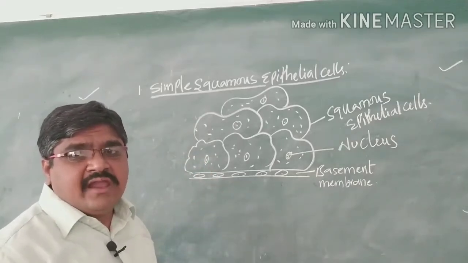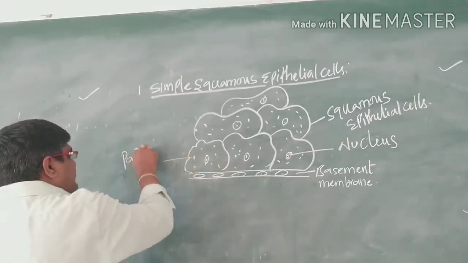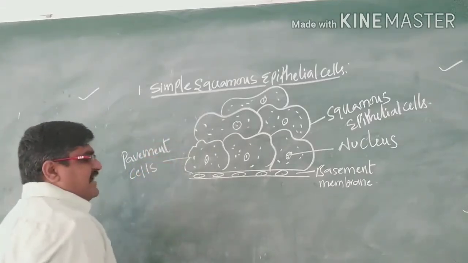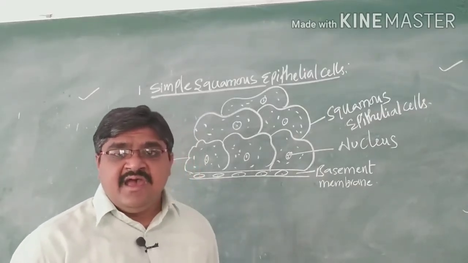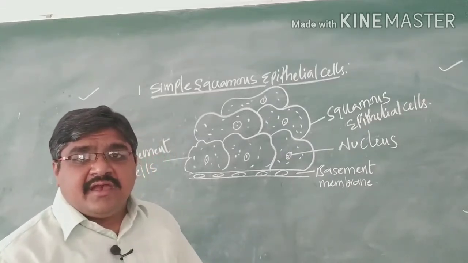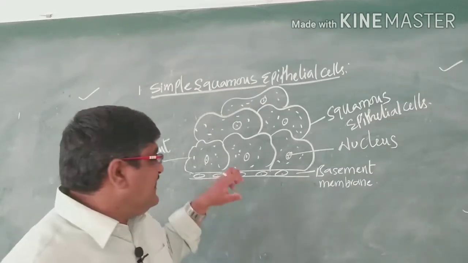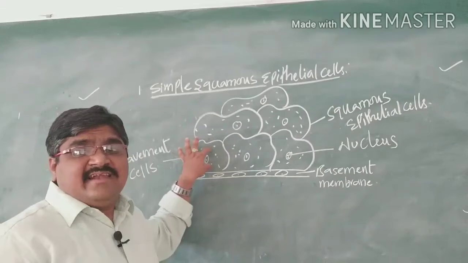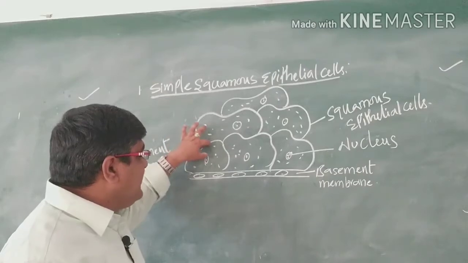These cells are arranged like the tiles of a floor, so we can also call them pavement cells. Why? Because the squamous epithelial cells are arranged like the tiles of a floor. They have a centrally placed nucleus, with thin and irregular edges.